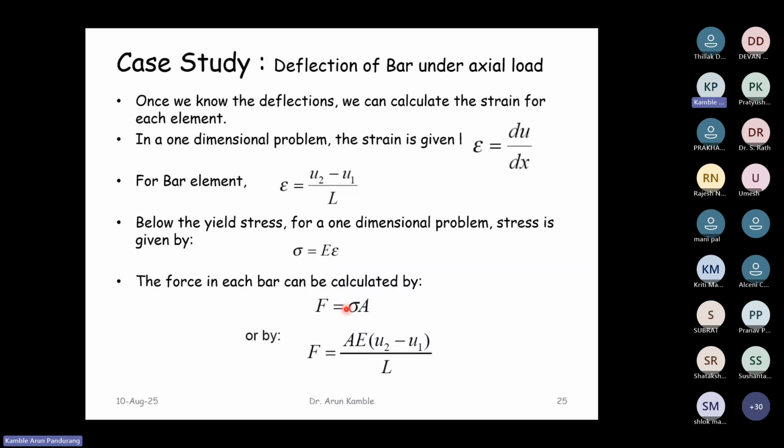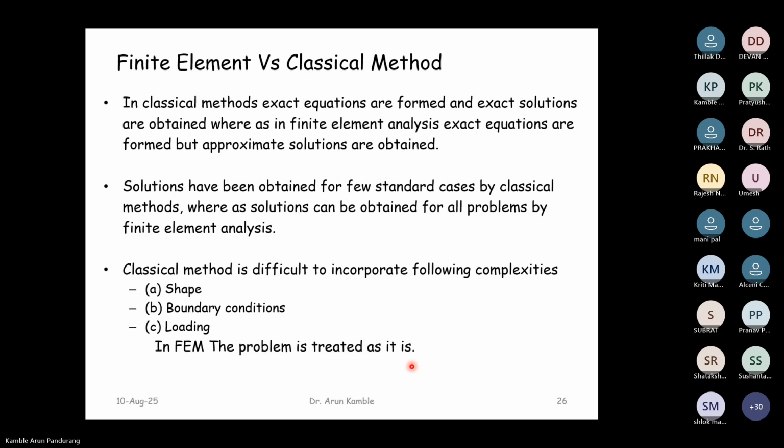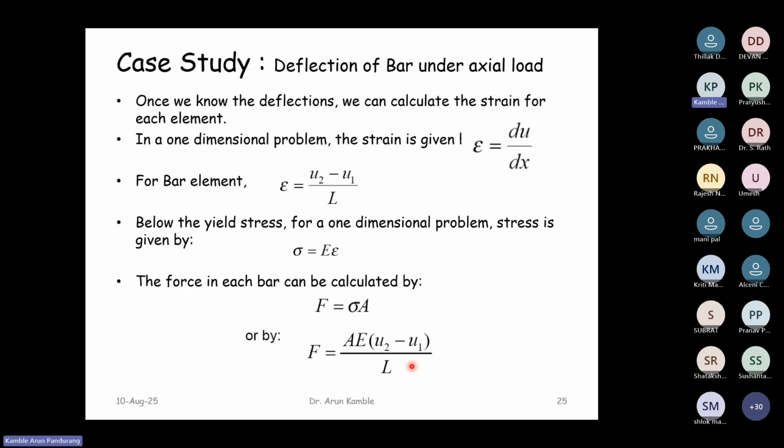The force in each bar can be calculated by F is equal to sigma into A. Substituting the value of sigma, F is equal to AE in terms of U2 minus U1 divided by L. So this is the typical finite element analysis by using the direct method.